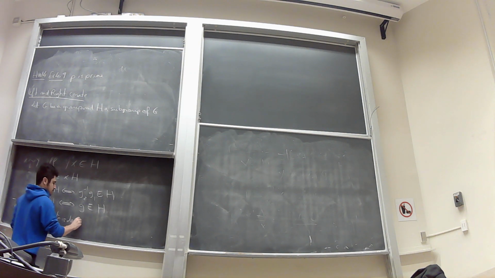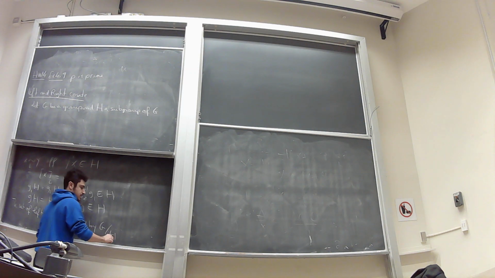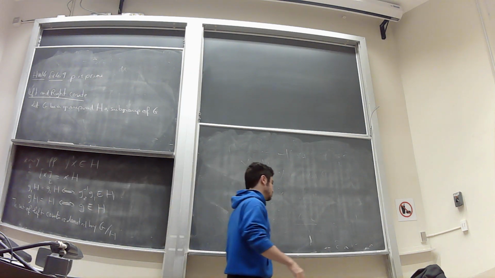Two cosets are either disjoint or equal. The set of left cosets is denoted by G modulo H.